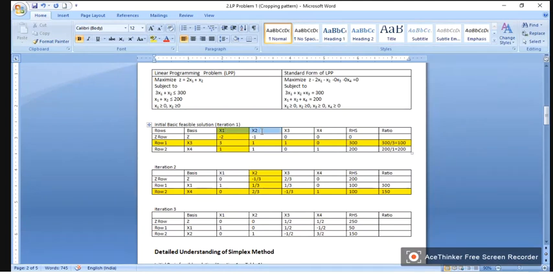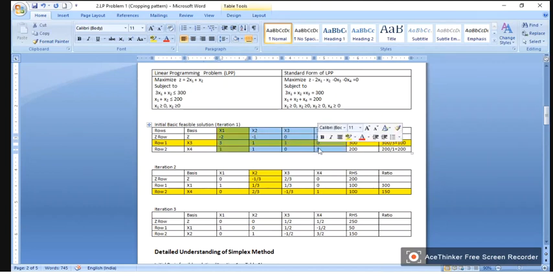We have another column for right hand side and another column for ratios. All of you follow again. What is the first column? Rows. Second column, basis. Then the columns for all the variables.